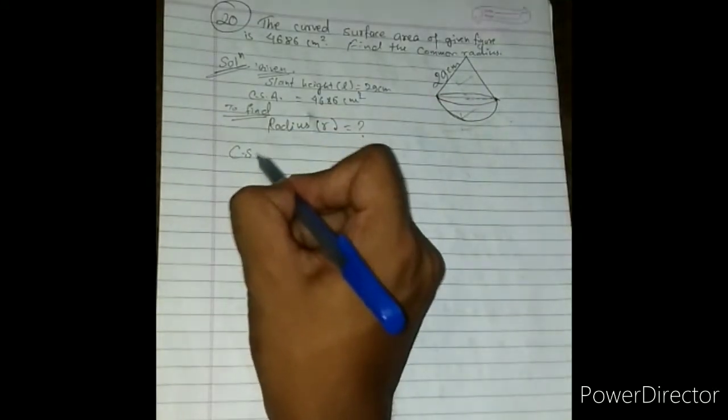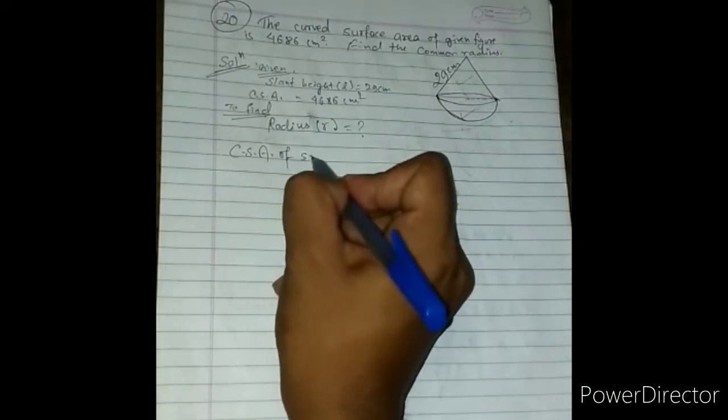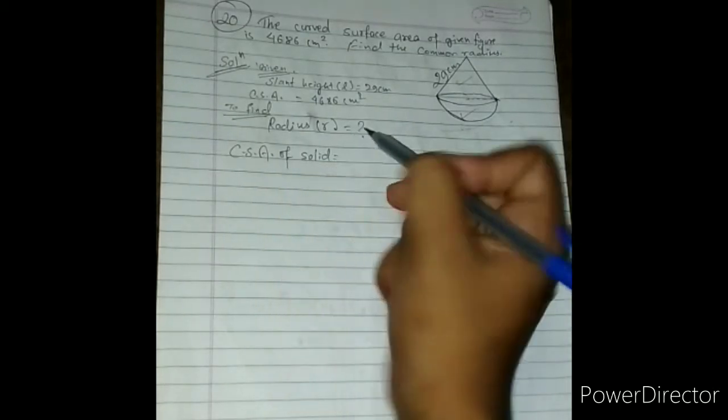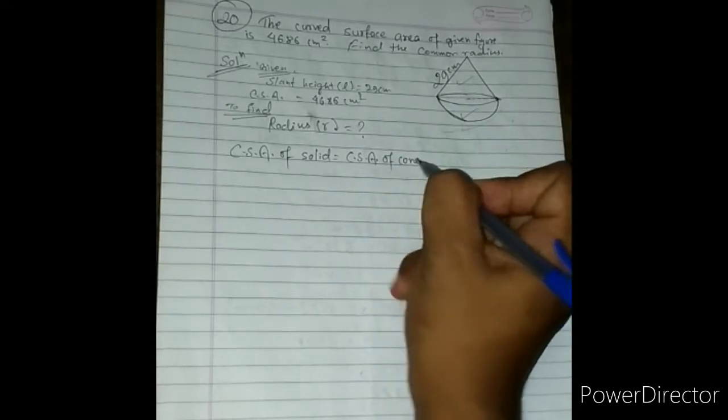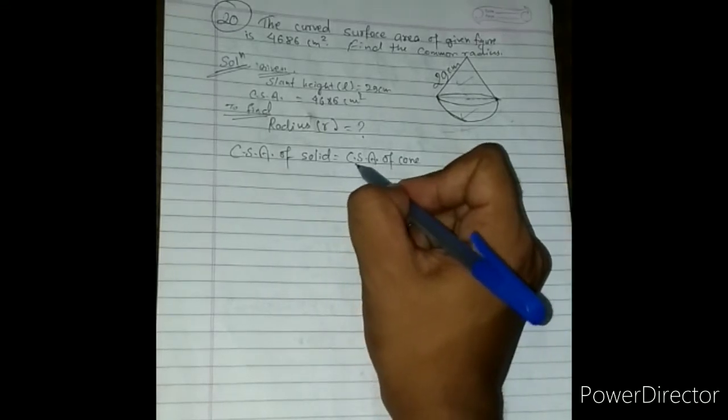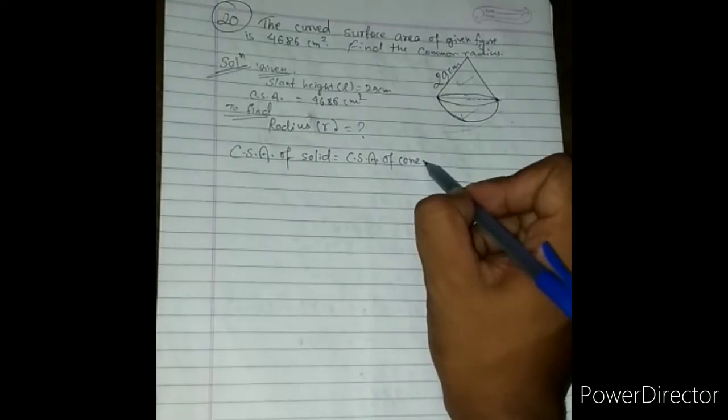Now you can use the formula of CSA. What is the formula of CSA? CSA of cone, CSA of hemisphere. CSA of the given solid is CSA of cone plus CSA of the lower part, which is a hemisphere. Don't get confused, the full form of CSA is curved surface area.